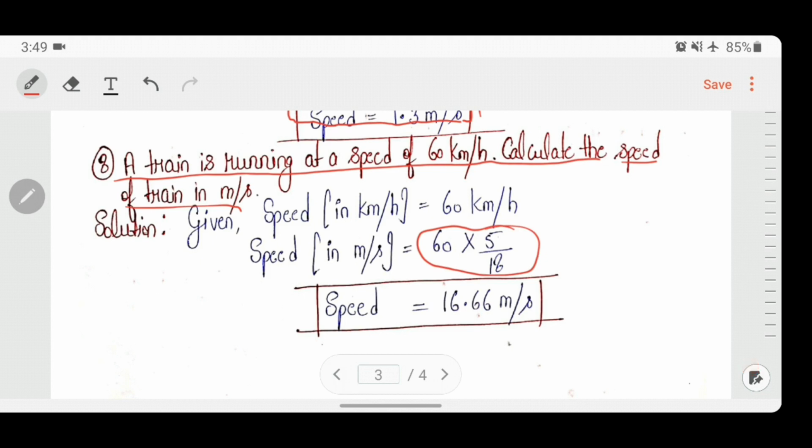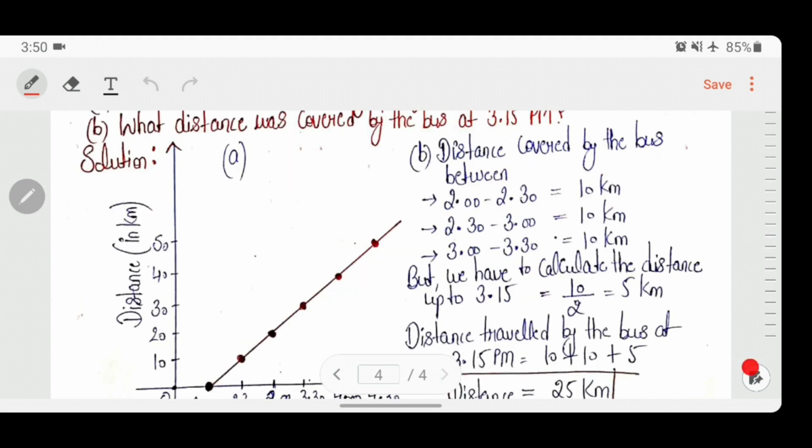After solving this, you get speed equal to 16.66 meter per second. So you can find the speed of the train in meter per second. Students, this is easy. Let's move to the next numerical.